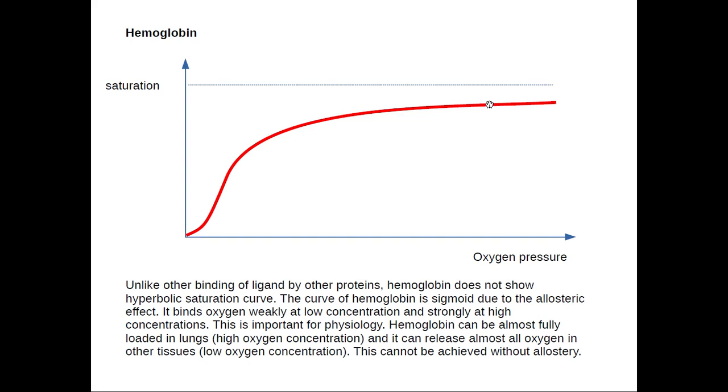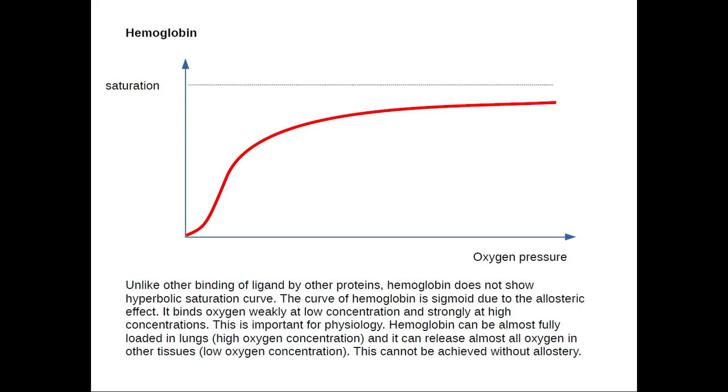And when this shape was explained for hemoglobin, it helped to elucidate the fact that there is something called allostery.